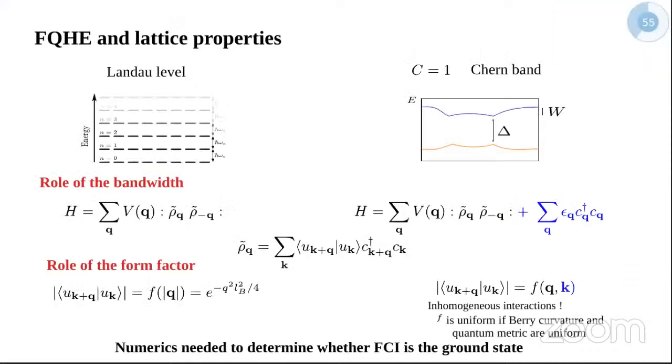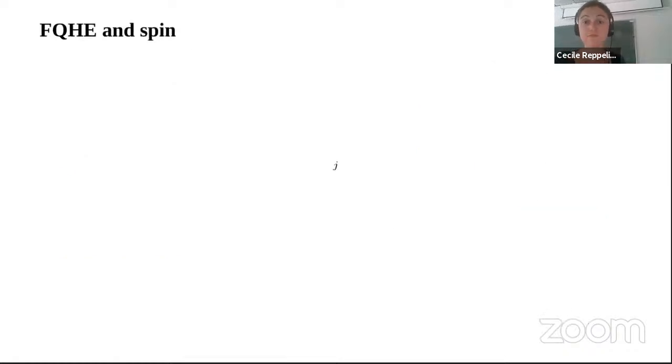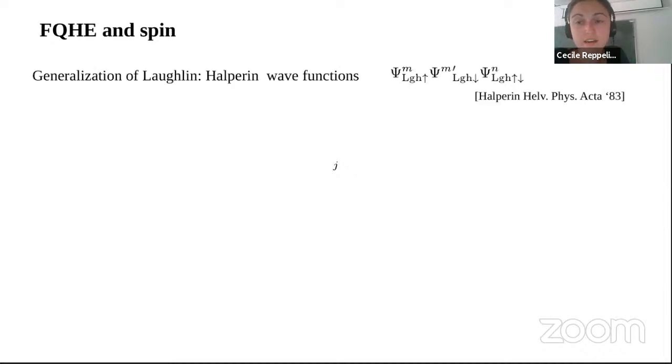Right, so that was fractional quantum Hall effect and lattice properties. Now, fractional quantum Hall effect and spin. In my introduction, you saw that I made a simplification to use a spinless case. In fact, electrons have a spin, and this creates really rich physics for the fractional quantum Hall effect.